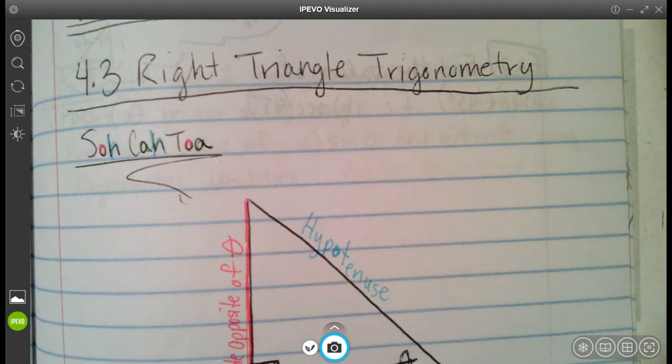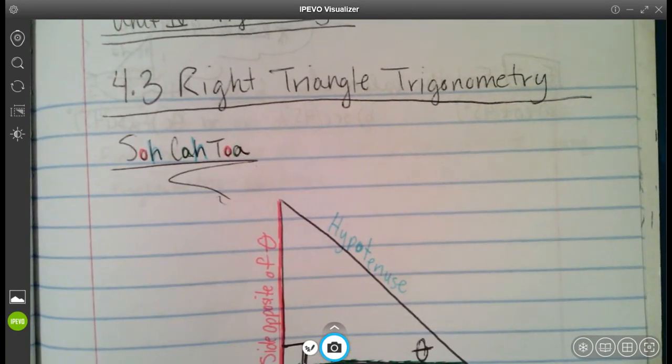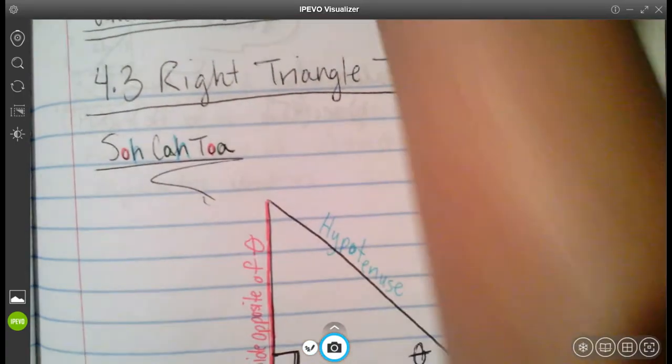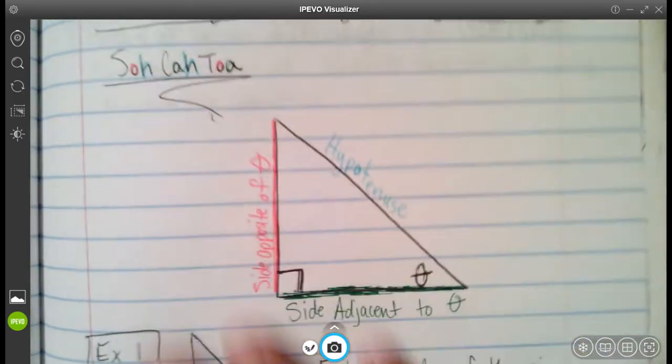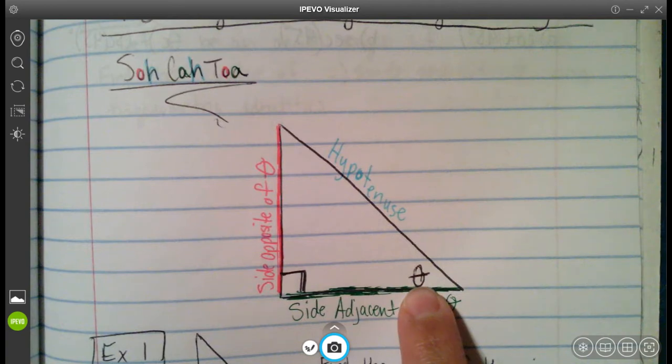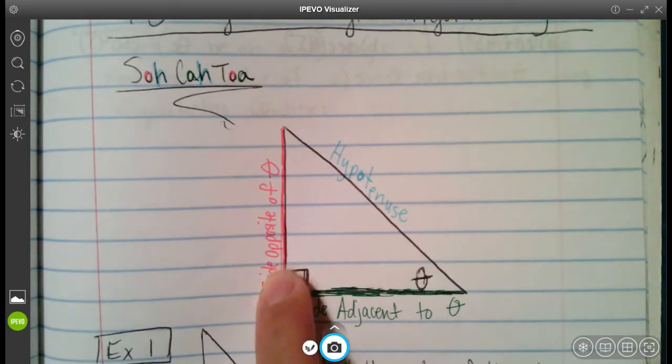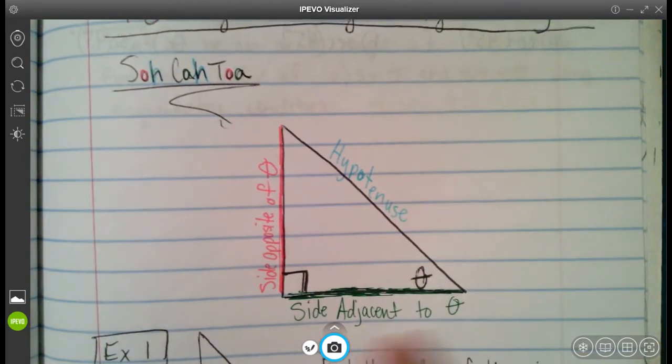Okay. Here we have a really quick review on something that you know as SOHCAHTOA, and that is basically this triangle, where we have an angle theta and then three sides that correspond: the opposite side, the hypotenuse, and the adjacent side.